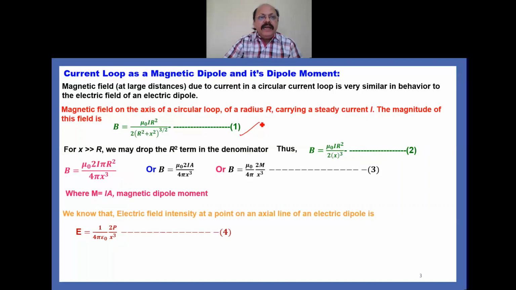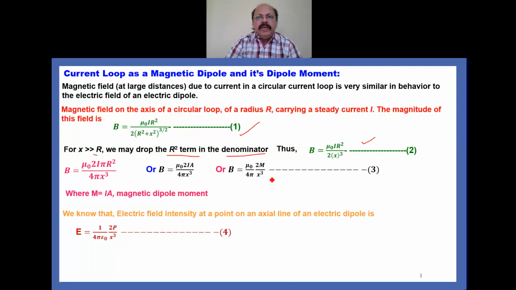Now if x is greater than r, then r square can be neglected in the denominator, and the equation 1 becomes B equal to mu naught I r square upon 2 x cube. Mark this equation number 2.